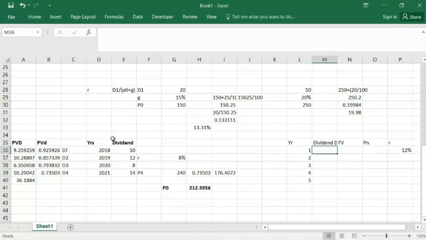Dividend declared is given in terms of percentage: 150%, 200%, 250%, 100%, 100%.